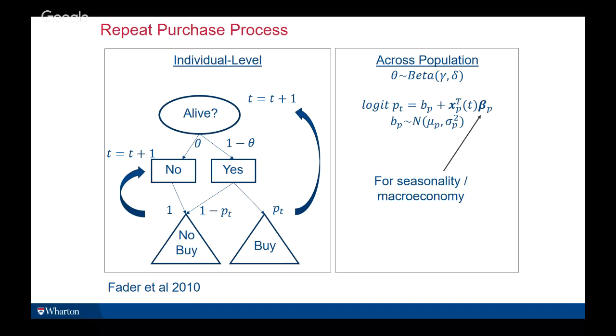The probability of purchase is going to be driven primarily by a baseline propensity to make purchases, which is this B sub P term in the upper right. And that's going to be perturbed up or down on the basis of external covariates, so things like seasonality and the state of the macroeconomy. So I repeat this sequential drill of flipping the death coin and then flipping the purchase coin until I flip that death coin and it comes up heads. Once it comes up heads, I've churned, I've ended my relationship with the firm. The probability of making a future purchase is 0.